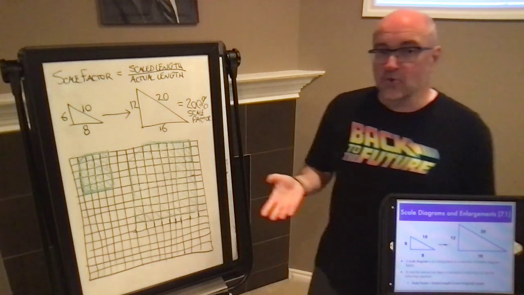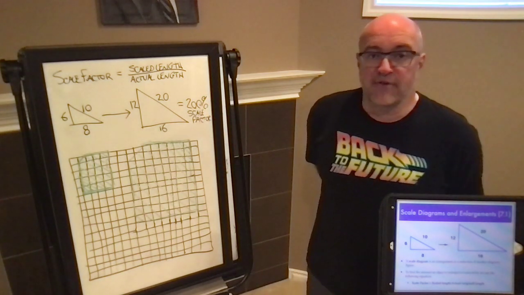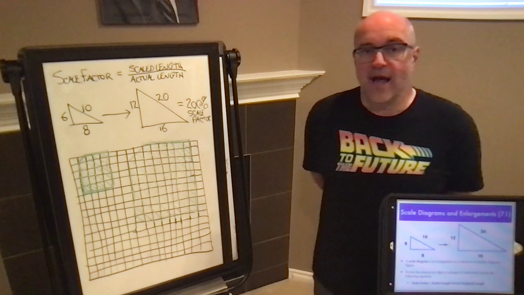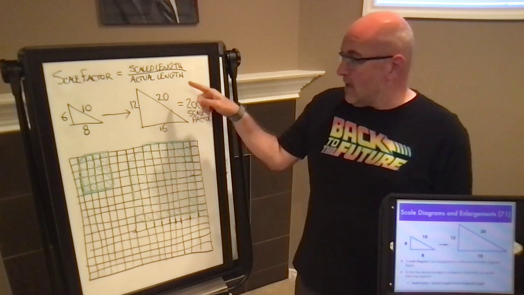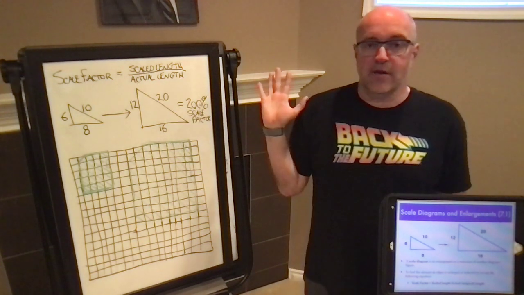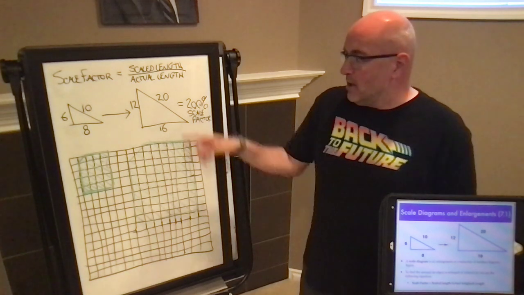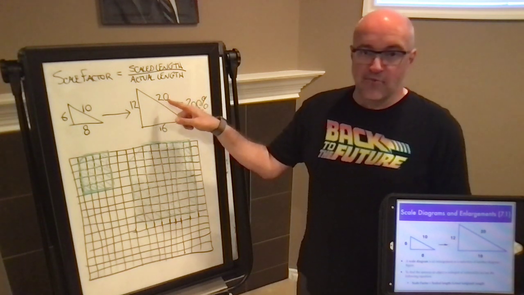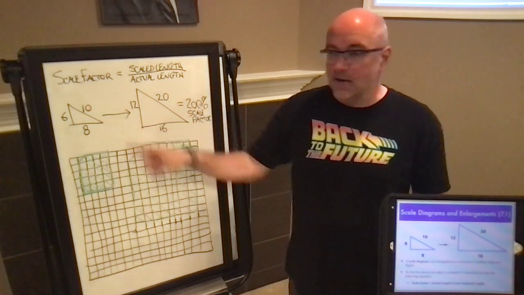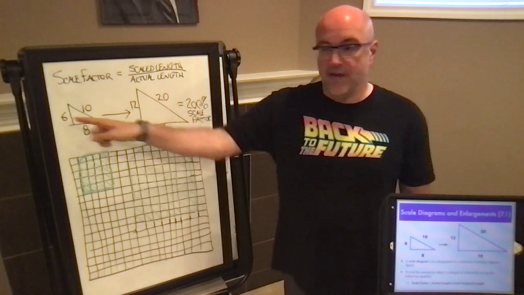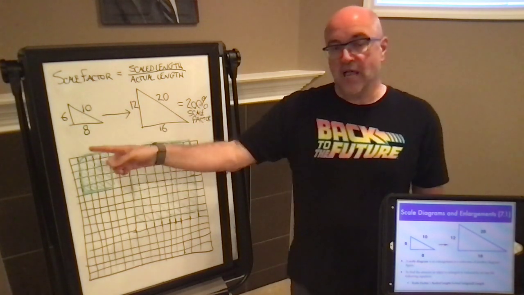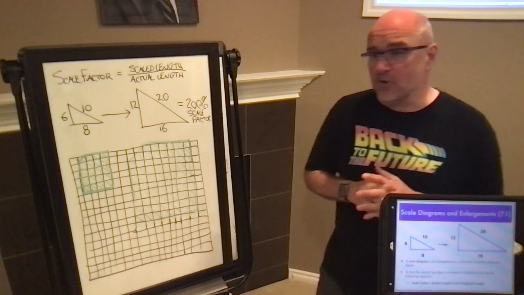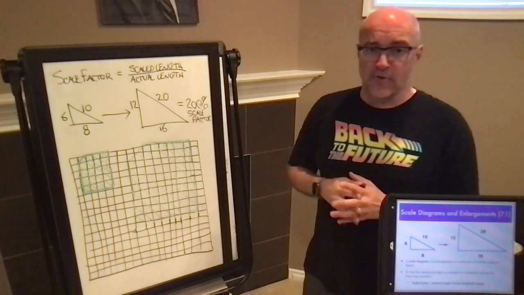Most of you looking at those numbers could probably already figure out roughly what the scale factor is. If you look at any of the corresponding sides, you've got the scaled size, which is 20, to the original, which is 10, or 12 to the original 6, or 16 to the original 8. You could use any of these numbers to create the scale factor for the diagram.